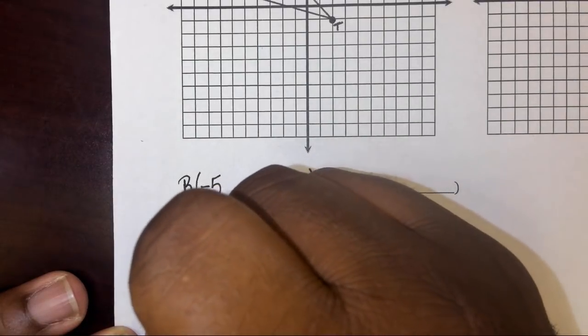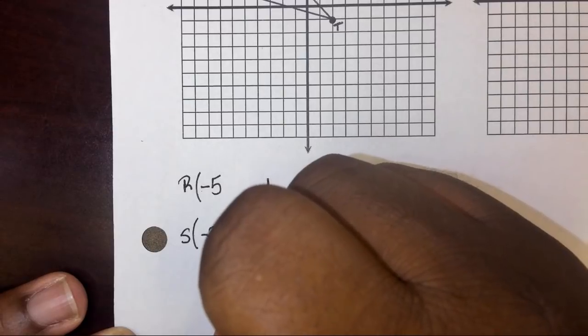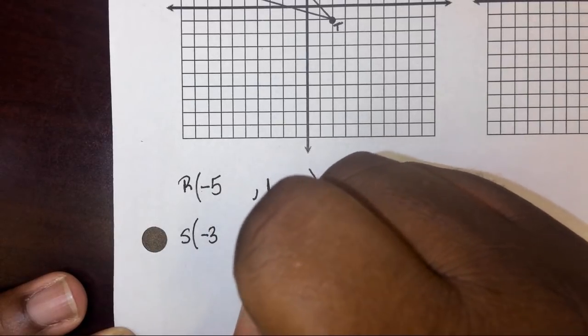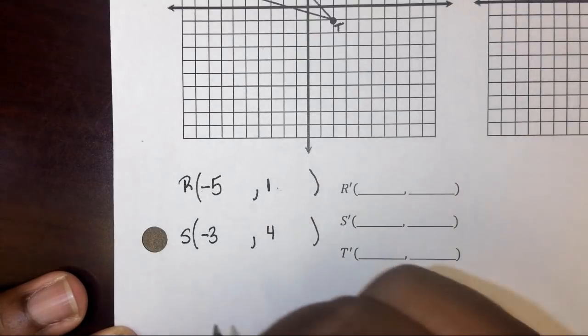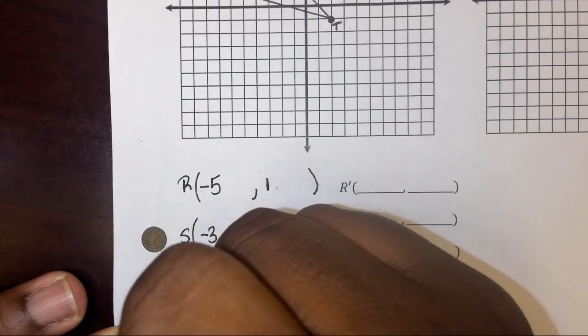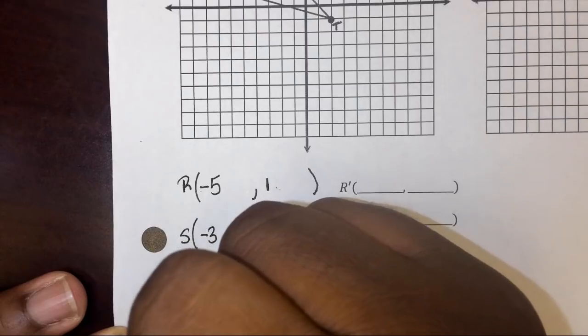Then my S is at (-3, 4). And my original T was at (2, -1).